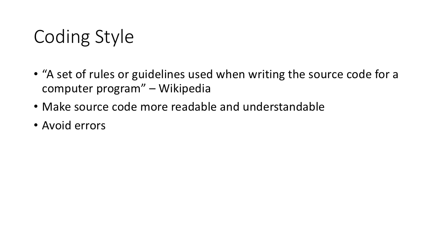The reason we have coding style is that we want to make the source code more readable and understandable, not only by other programmers, but also by yourself. Later, when you look back at your code and try to understand what you did right or wrong, a good coding style lets you understand your code very easily without any trouble.